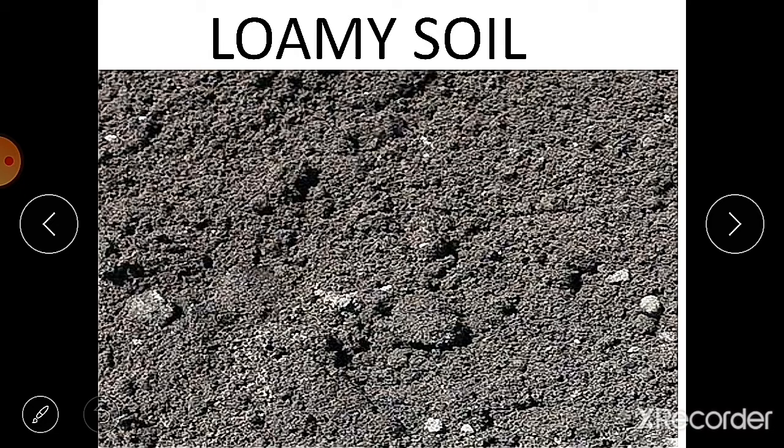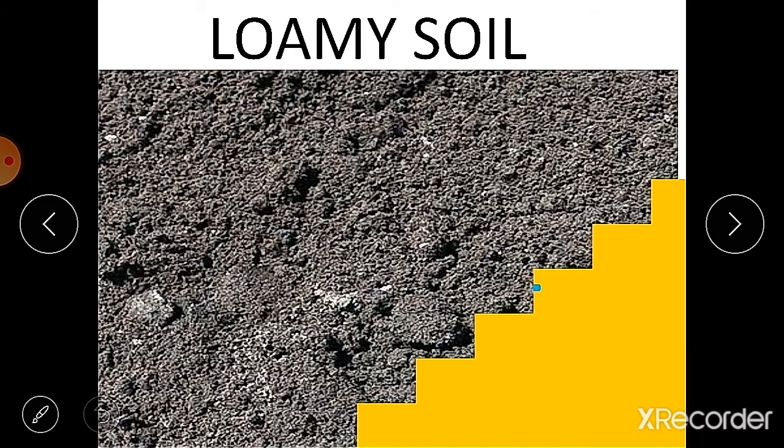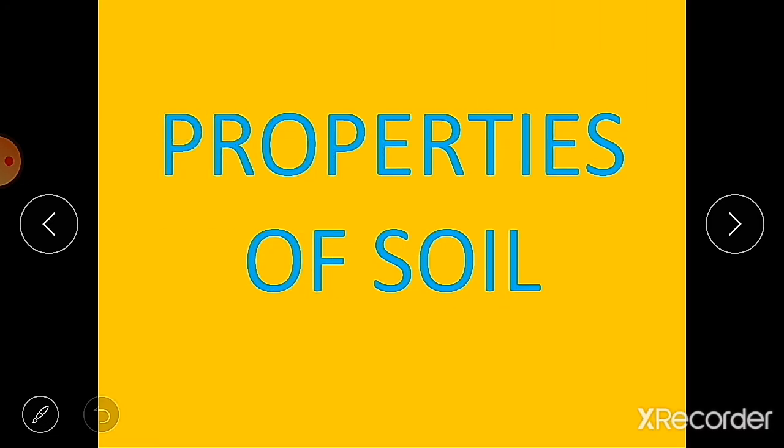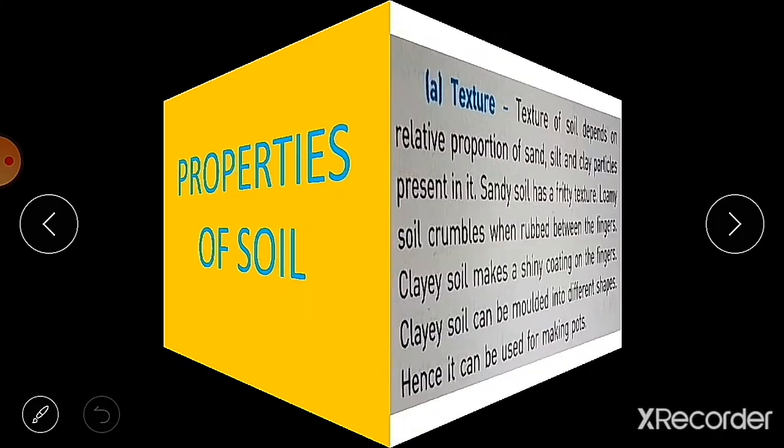Most fertile farmlands consist of neutral soil, or we can say neutral soil is good for agriculture. If the soil is acidic or alkaline, then it has to be treated for agriculture.